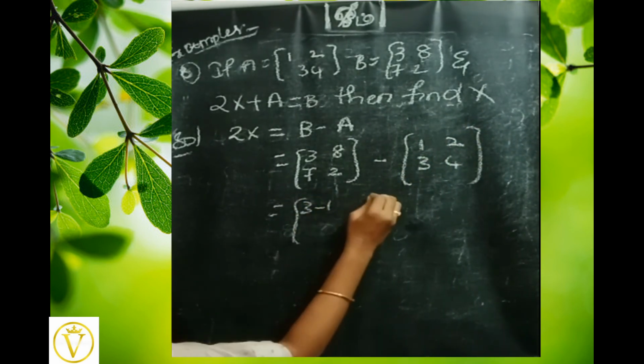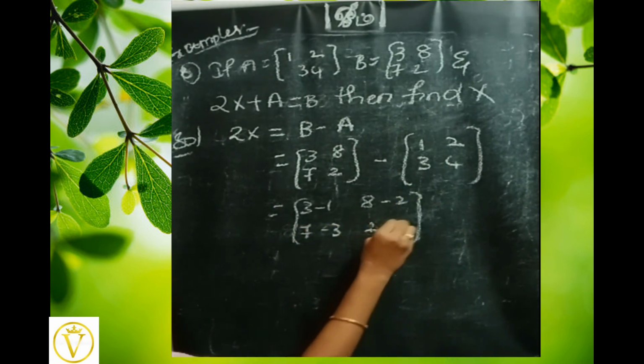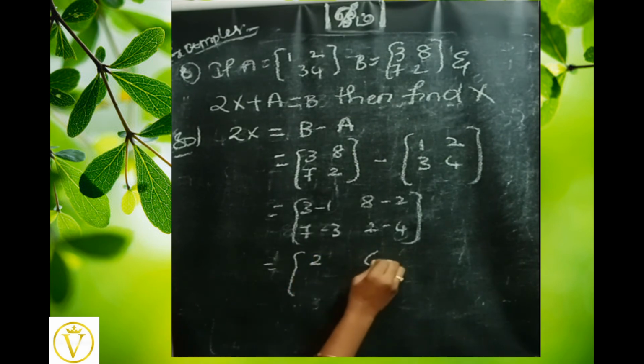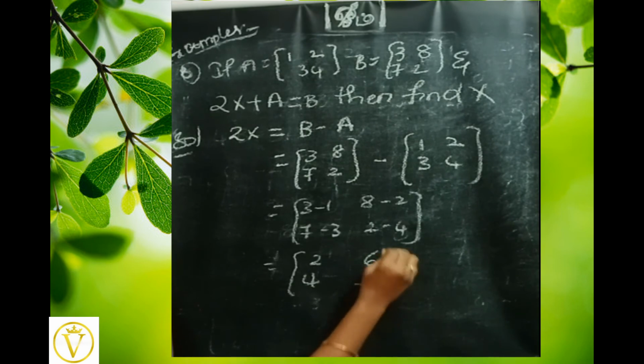So 3 minus 1, 8 minus 2, 7 minus 3, 2 minus 4. We get 2, 6, 4, minus 2.